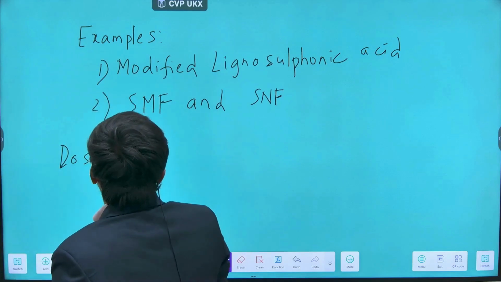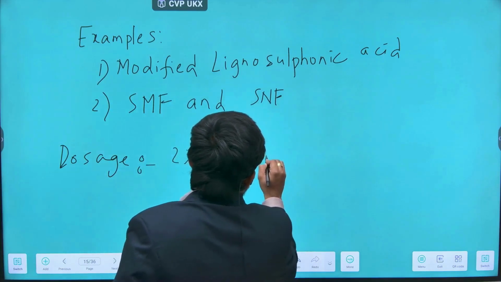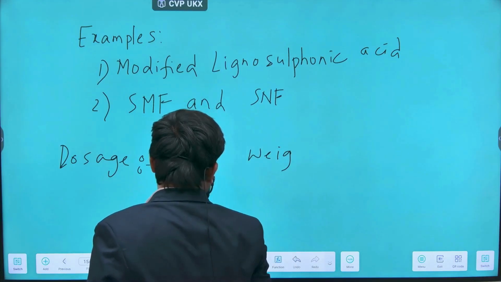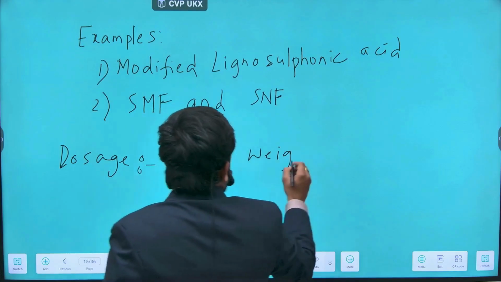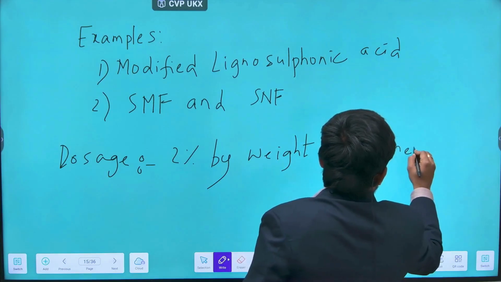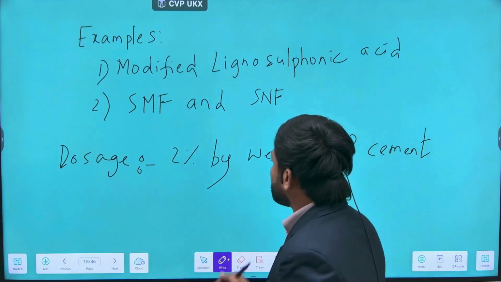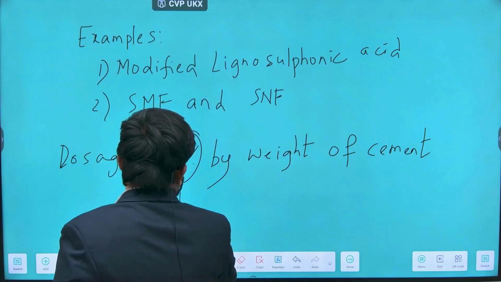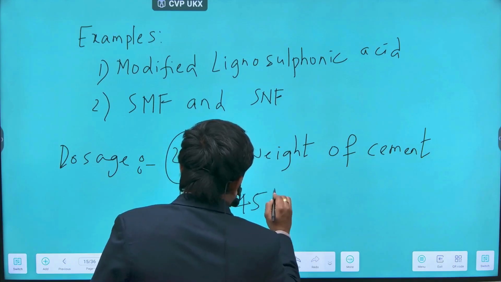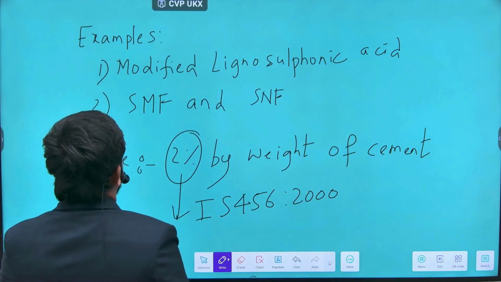The dosage of super plasticizers is also limited to 2% by weight of cement. Okay. Dosage of plasticizer, super plasticizer is 2%. It is given by IS 456-2000.